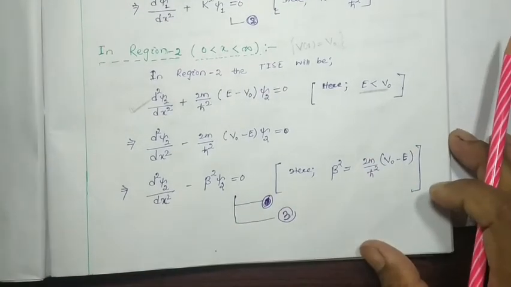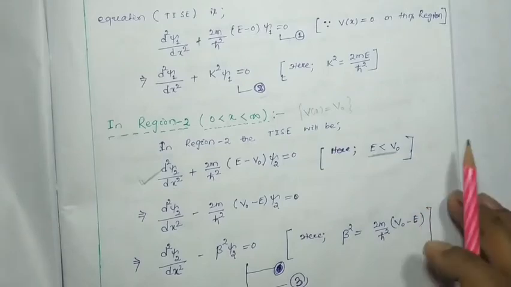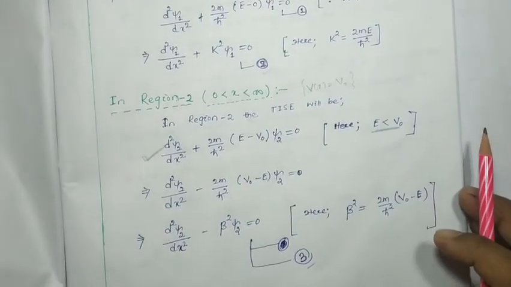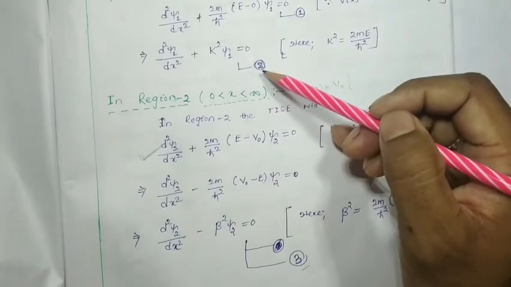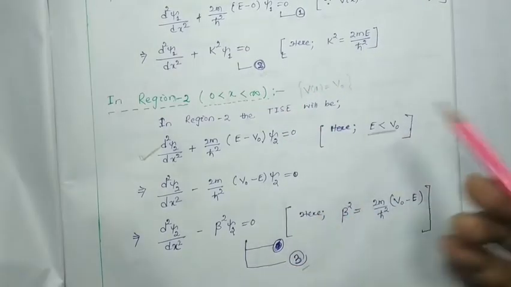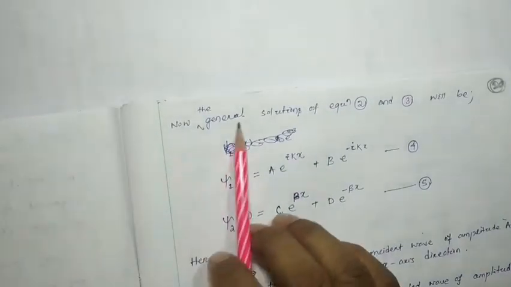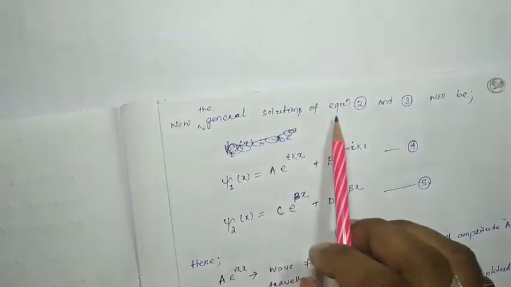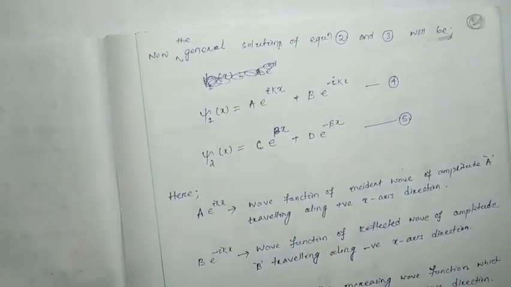So these equations, equation number 2 and 3, are two second order differential equations. Now the general solutions of equation number 2 and 3 will be how much?